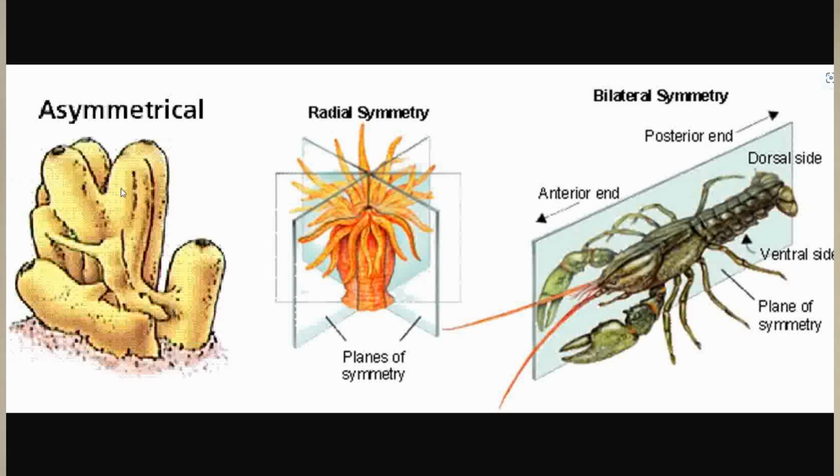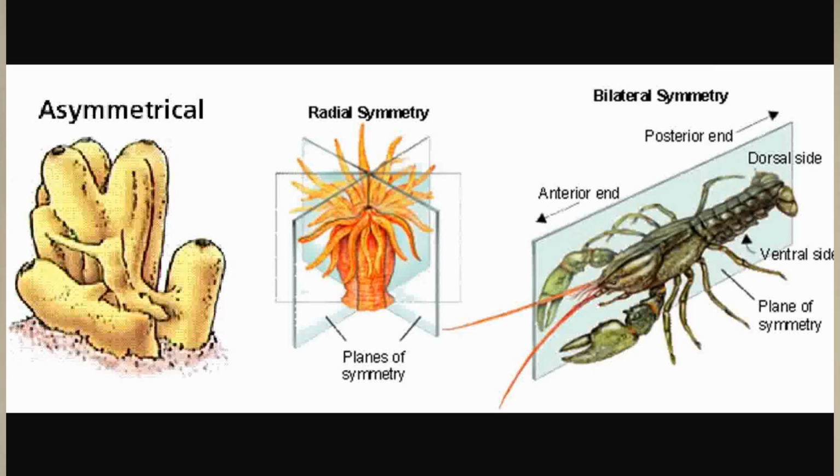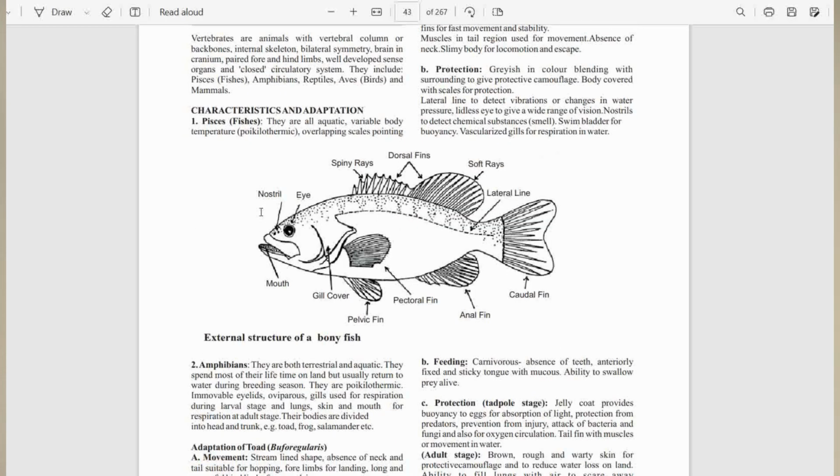There is no plane along which you can divide this organism to get two equal sides, the left and the right. So these organisms are asymmetrical. Let's go back to discussing vertebrates.